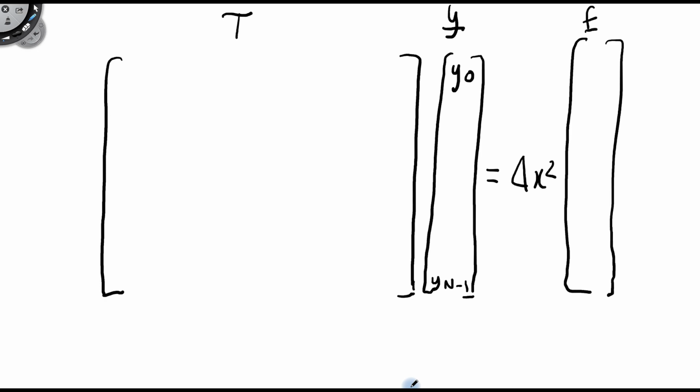So this is a big matrix, an N by N matrix, but let's just fill in the boundary values. If I multiply this element 1 by y0, it's going to equal 0. That's the x equals 0 boundary condition.